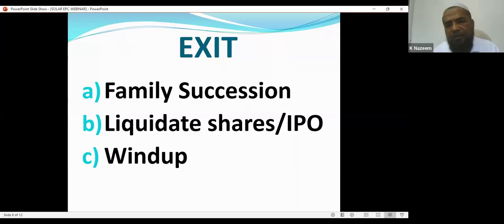It is not a surprise. In India, 97% of the startup companies are closed in less than 1 or 2 years. This is a very, very common problem. So you should be very, very careful before starting any business. Next.